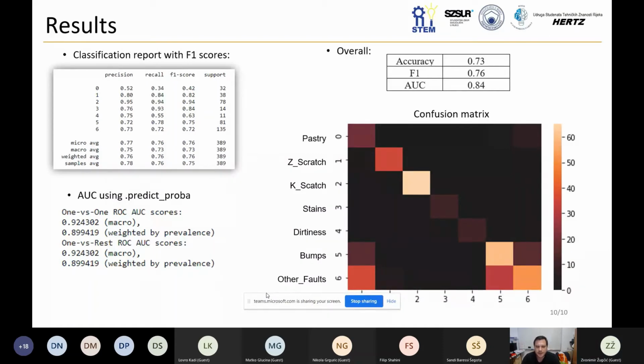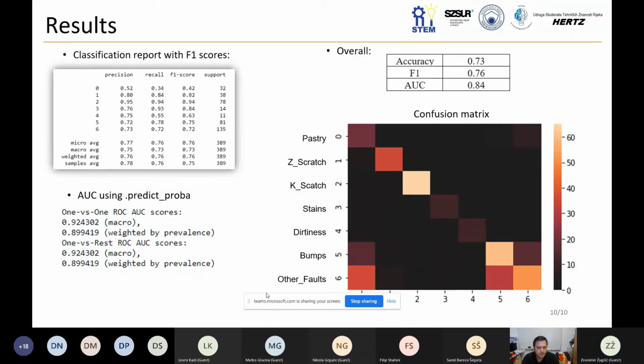No? Okay. I have only one question for you. Could you somehow improve the F1 and AUC score? Well, the AUC score overall is for every value together, but AUC and ROC, so the curve, can be determined for each class, like 1 versus 1 and 1 versus rest scores.